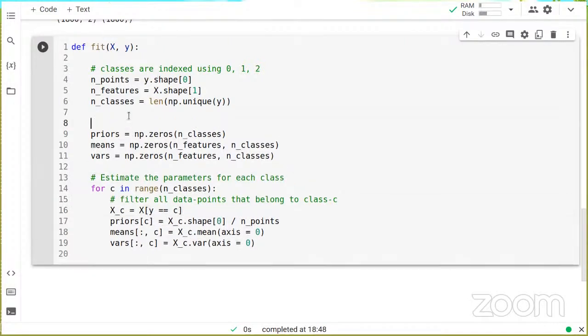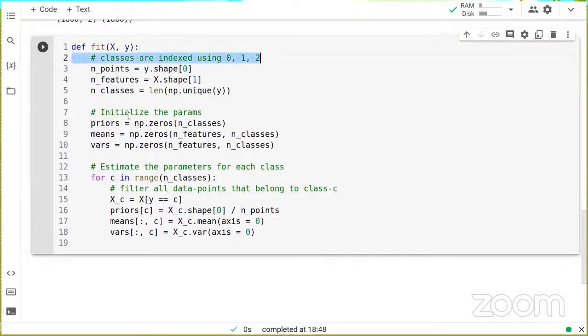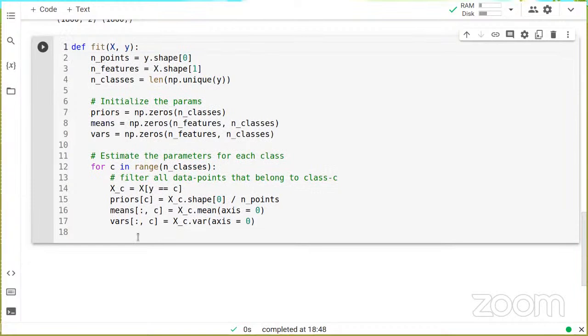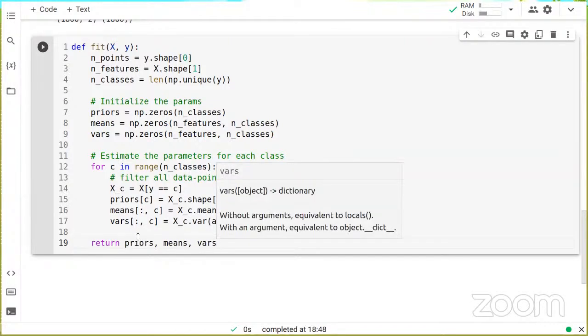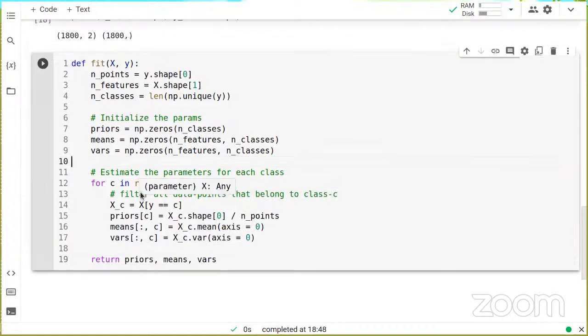So this is to initialize the params, and finally I return them. We are now in good shape to return the priors, means, and the variances. Okay. So is this function clear?